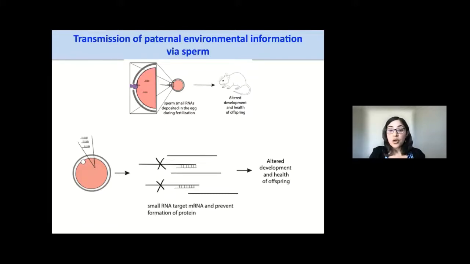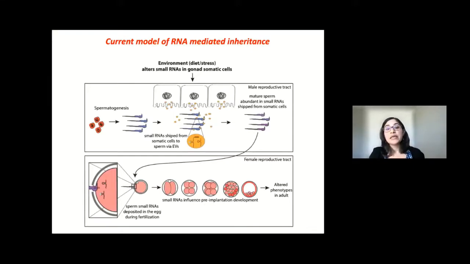Okay, so overall, what we think is happening is that as the germ cells are developing and we are growing, we're exposed to different environments. Some of the somatic cells, when they get exposed, may make these different informational signals in the form of these small RNAs and send them to sperm.